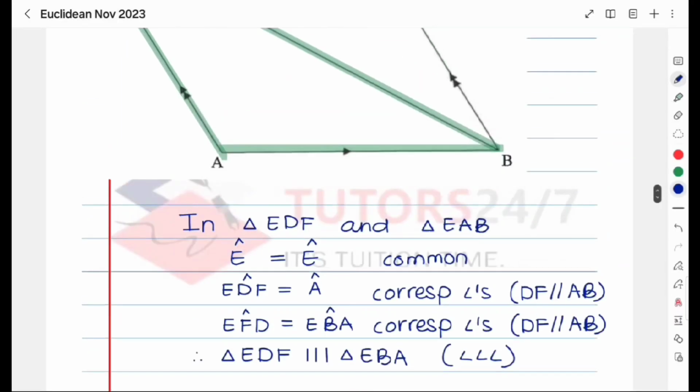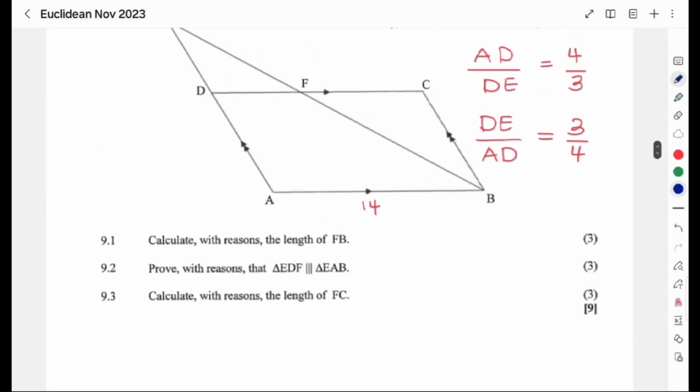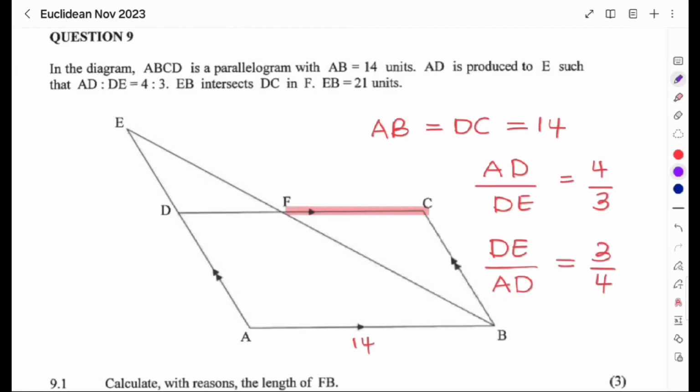Now, let's have a look at the last question, that is 9.3. Calculate with reasons the length of FC. So FC is this one over here. As you can see, FC is not within the triangle, it's on the parallelogram.